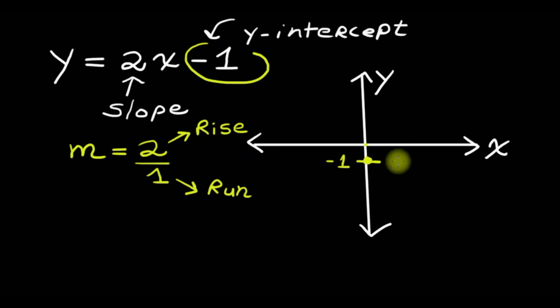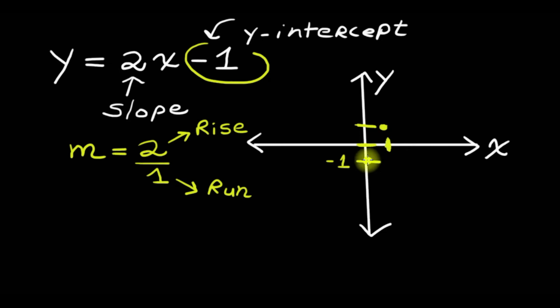So 2 is the rise. From your y-intercept, you are going to go up 2 units because it's positive 2. If that was a -2, then you would move down. So up 2 units, 1, 2, then your run is 1, so you're going to go over 1 to the right.